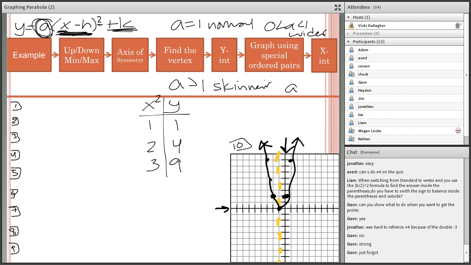And if A is negative, it's going to flip upside down. So A changes the size and the shape of the parabola. And the way it does that is it takes all of your y coordinates and multiplies them by whatever your A is. So our special ordered pairs are not actually 1, 1, 2, 4, 3, 9. They're 1, 1A, 2, 4A, and 3, 9A.